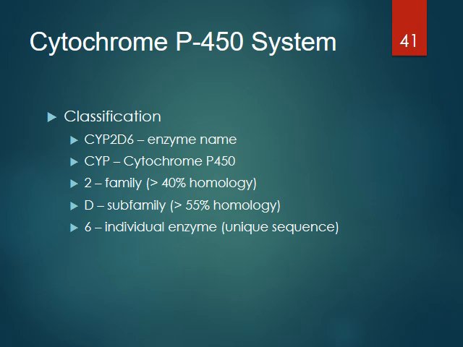The D would be the subfamily, meaning it would have greater than 55% homology with other 2D enzymes. And then 6 would be the individual enzyme itself, the individual unique sequence. So you can have 2D6, you may have something like 2D5, but you'll see that certain ones will emerge as being the most common ones that you'll be dealing with from a medication standpoint.